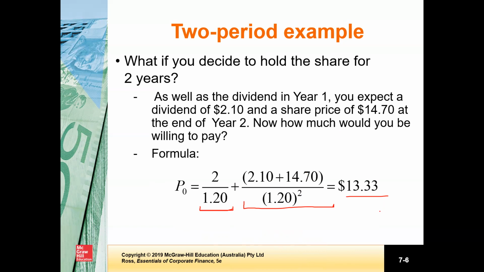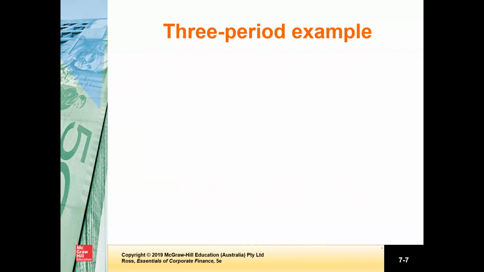You get the dividends of $2 in year 1, $2.1 in year 2, and you sell it at $14.7, and you earn a return of 20%. I think you understand why we don't have any power here and where we have 2, because this is the present value of year 1 cash flow, and this is the present value of year 2 cash flows. So that's a year 2 example.